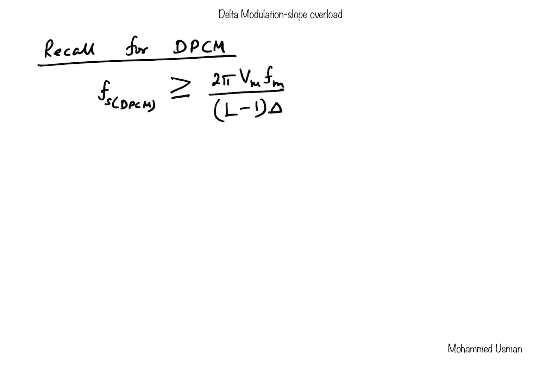Okay, for DPCM, this is the minimum sampling rate that is required to avoid slope overload, and the corresponding sampling rate required for delta modulation should be at least 2 pi Vm Fm by delta.